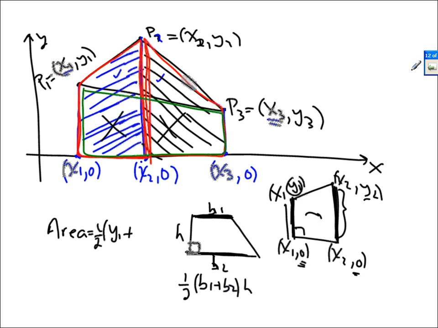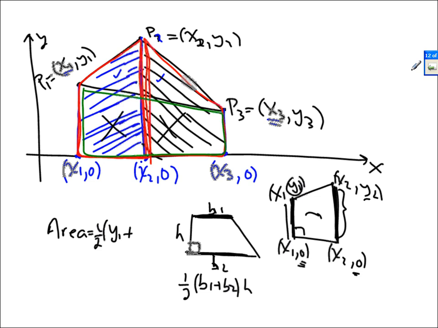So I added up the two. Well, I'm calling these heights, but I'm using them as bases. I'll call this base 1, that base 2. I added up the two bases, and now I'm going to multiply by the height. But this here is the height. That is, I'm using that as the height. x2 minus x1.